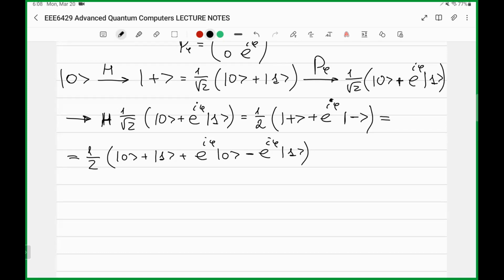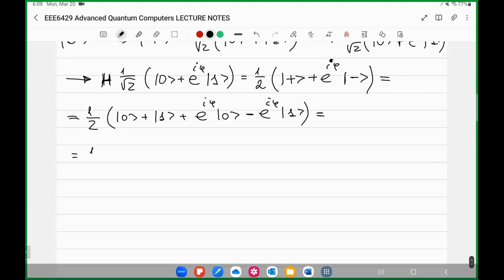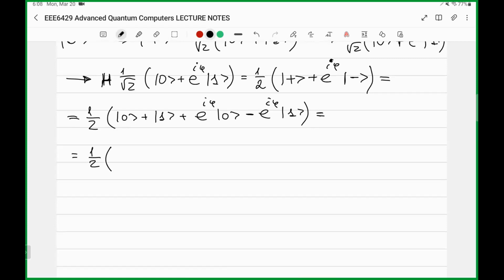So far, so good. And now I group these terms with the same state. It gives me this one, and this one, right?